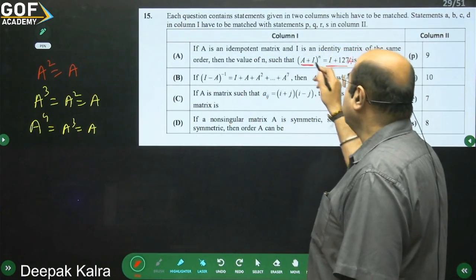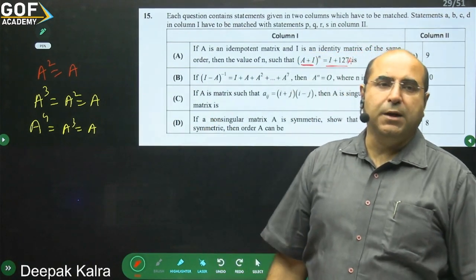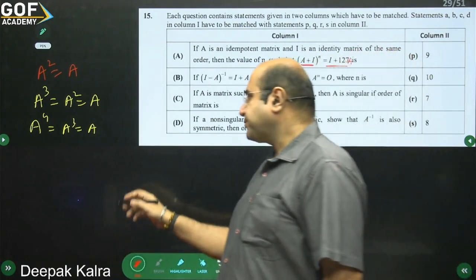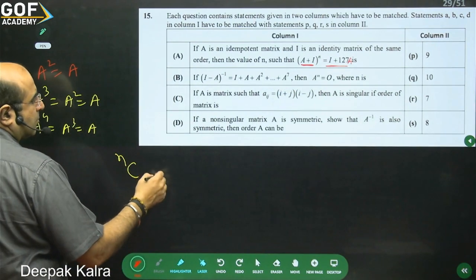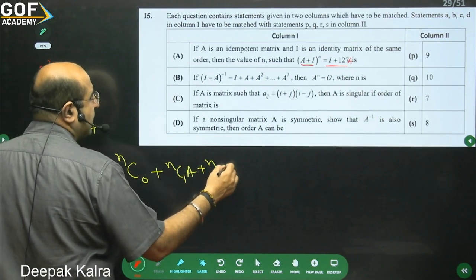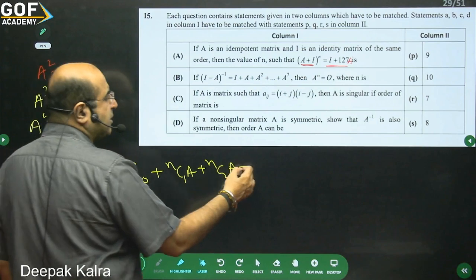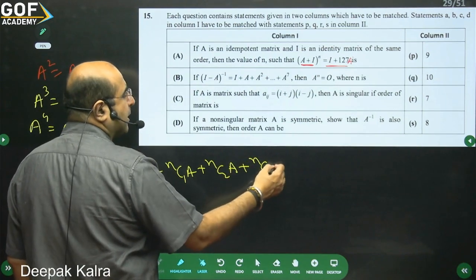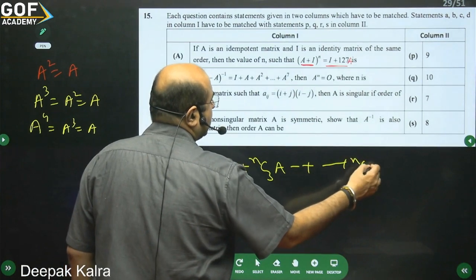What I'll do, A plus I power n, I'll expand it like binomial. So I get NC0 plus NC1A plus NC2A square becomes A. NC3 A cube becomes A. NCN A.